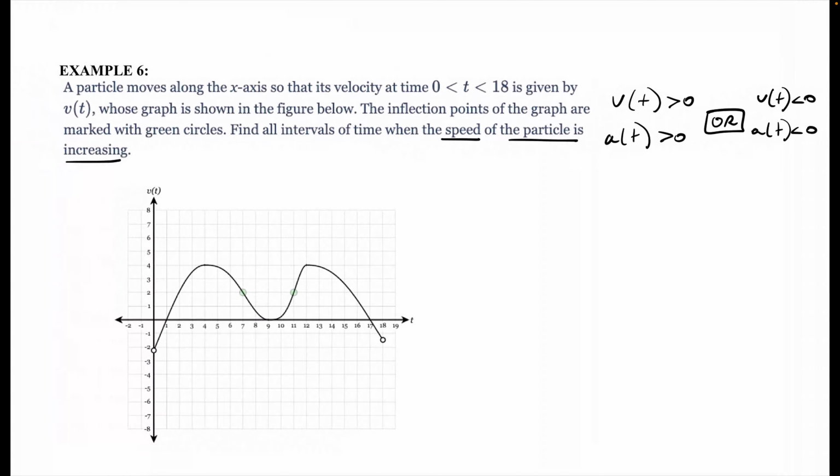So we got to look at the graph to determine where that's happening. Okay, so what is the graph of?